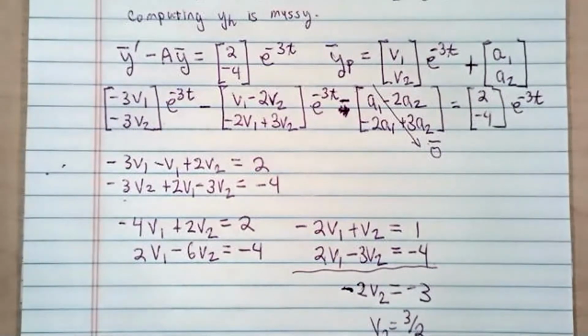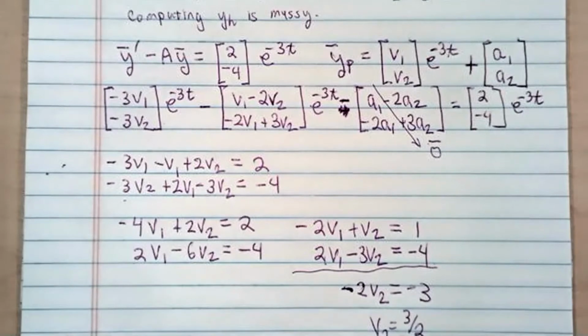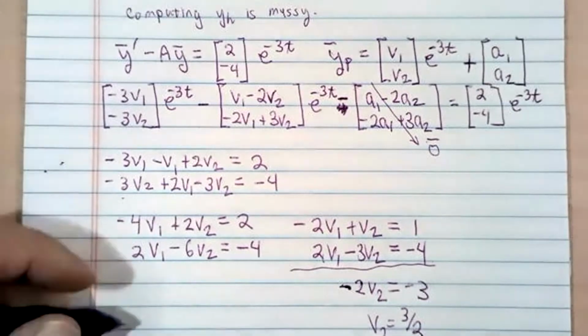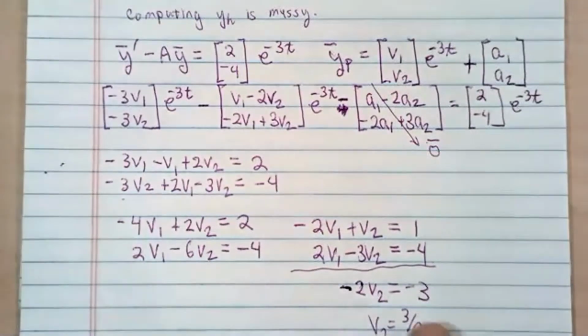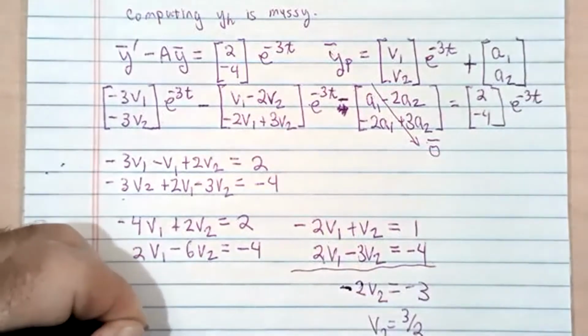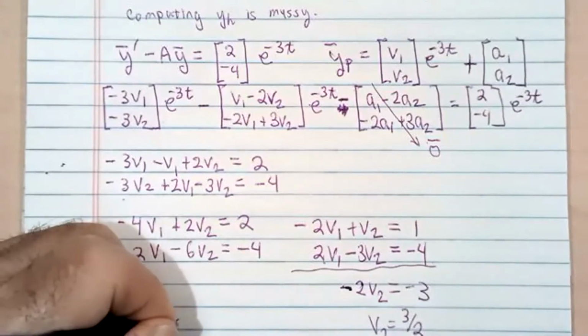Did you put the system in? No. Oh, okay. Just don't feel like doing addition in my head right now. Yeah, that's fine. I just wondered if you got the same result. Okay, so we got v2, and then it's not a problem to get v1, right? Let's take that first one there, 2v1 plus v2, which we now know is 3 halves.